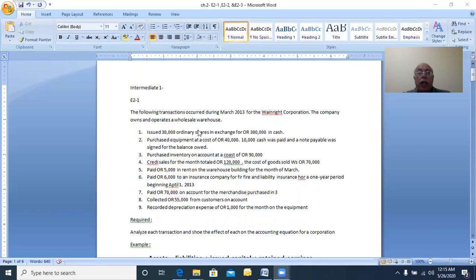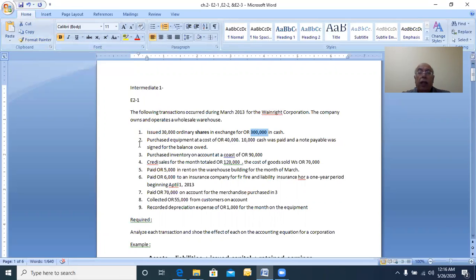We are talking here about shares, not an amount. It is the number of shares, and the total cost of these shares, which were issued, was 300,000 riyal.